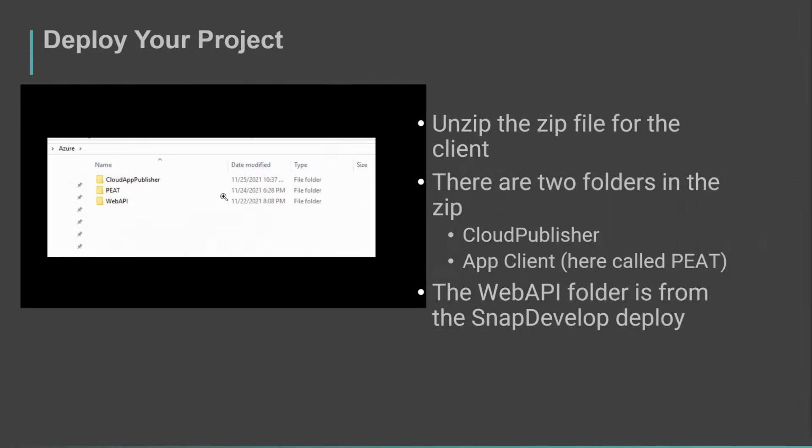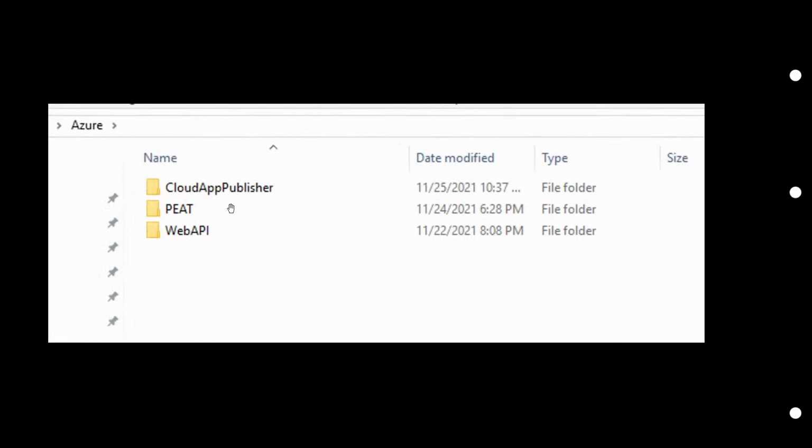Now what I want to do is unzip the client deployment. It created a single zip file with the name application name _ installer, or at least that's the way I did it. What I want to do though is unzip those 2 folders that are in that file and have them separate.